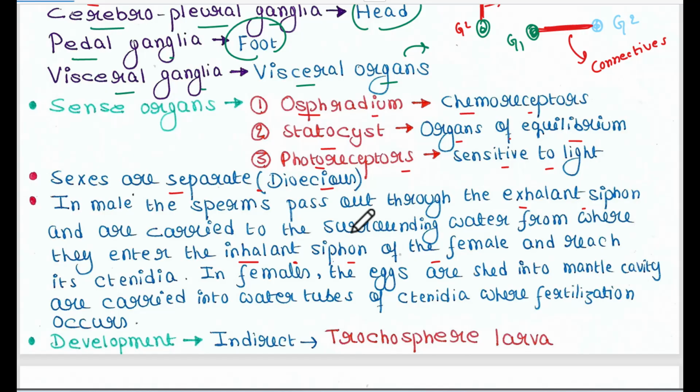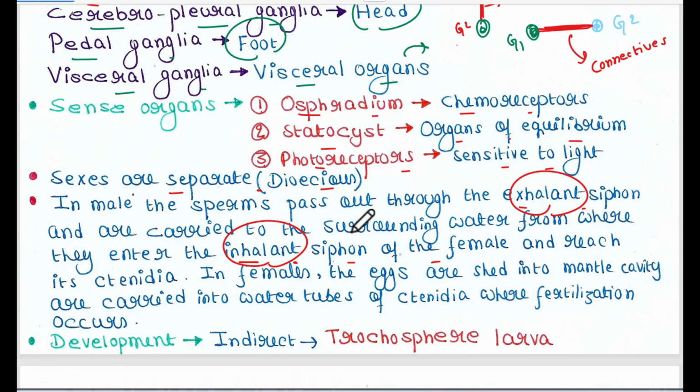So the inhalant siphon is the entry part for the sperm, and the exhalant siphon is used to exit the sperms from the male.